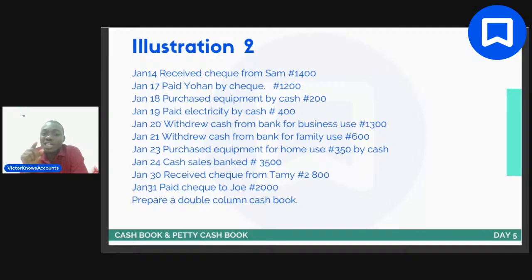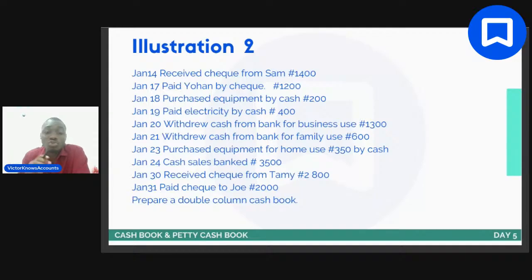So withdrew cash from bank for family use. Please don't get confused. Whenever money is withdrawn from bank or from cash from the business for any family use, any personal use that is not for the business, it is tagged as what? As drawings. Whether they withdrew it from bank or they took it from the cash, it is referred to as drawings.